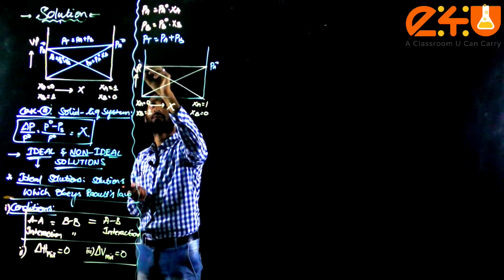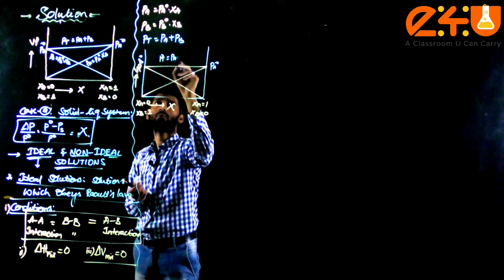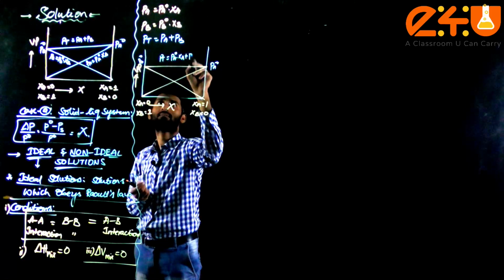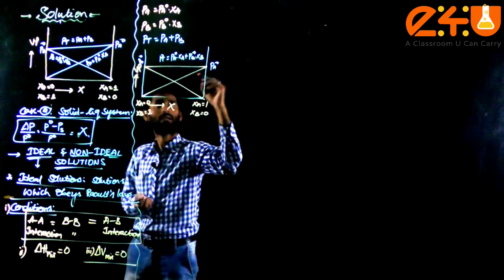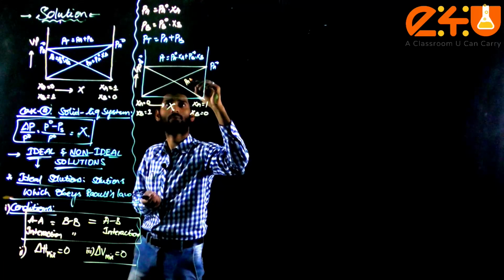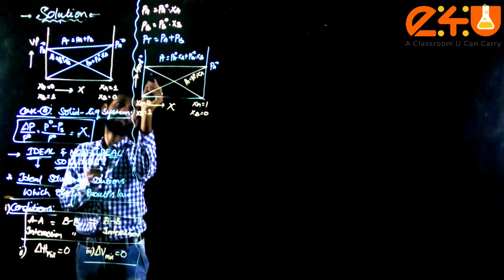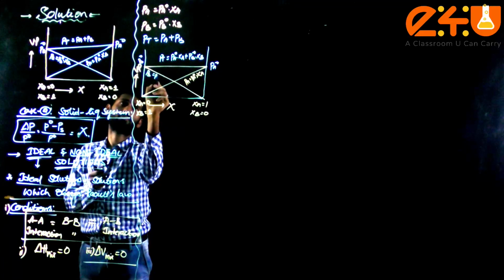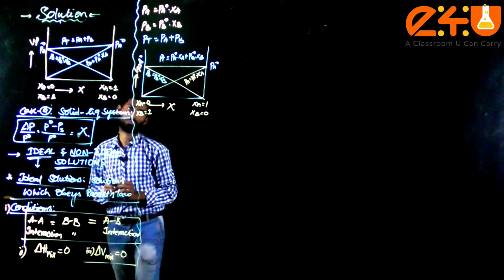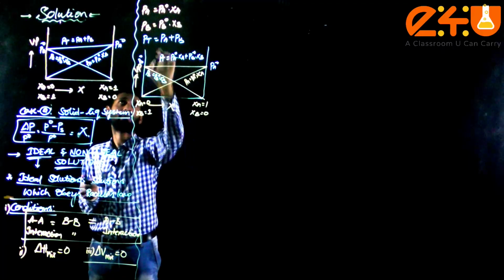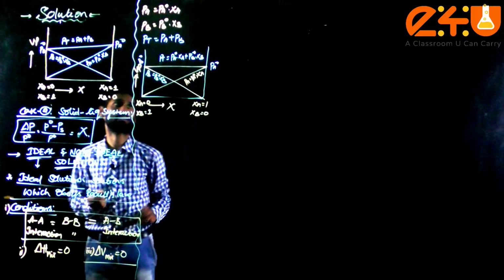This is PA naught, this is PB naught, and this is the total pressure. PT is equal to PA naught into XA plus PB naught into XB. PA is equal to PA naught into XA, and PB is equal to PB naught into XB. This is the graph for ideal solutions.